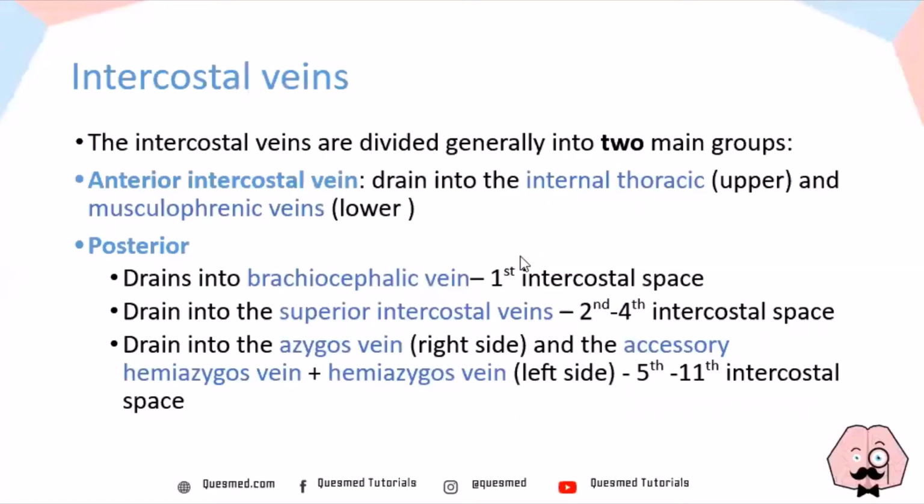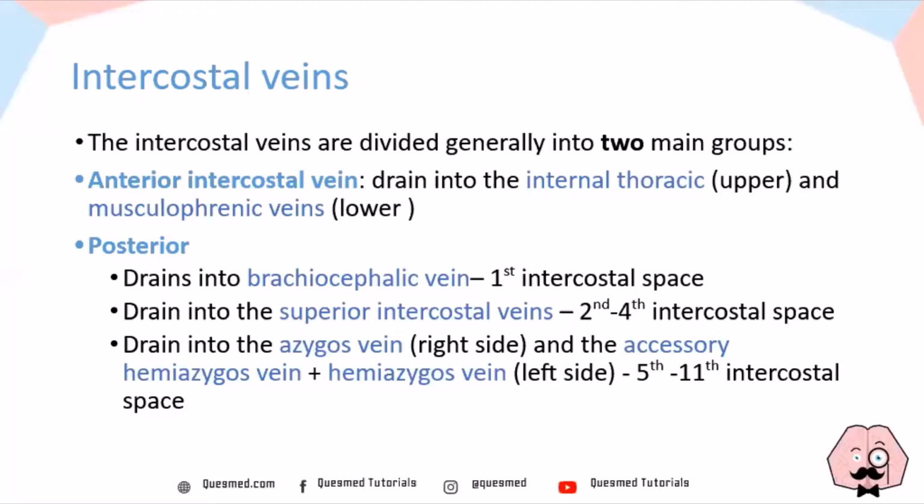So the arterial and the venous supply of the intercostal bundles is quite complicated because there are so many of them. But just to give you a general overview, you can divide your intercostal veins into 2 groups. You've got your anterior and your posterior, and they anastomose together laterally.